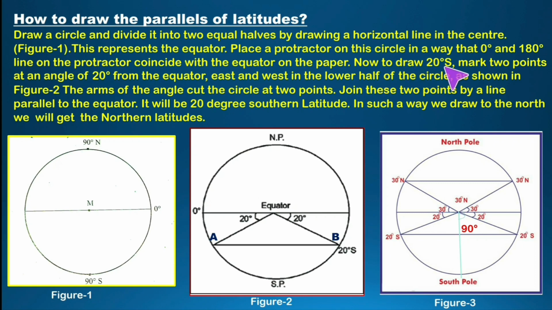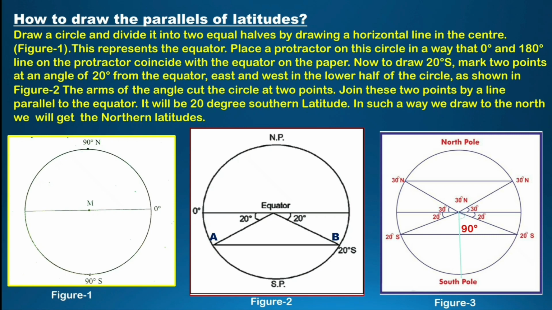Now, to draw 20 degrees south latitude, mark 2 points at an angle of 20 degrees from the equator, east and west in the lower half of the circle, as shown in figure 2. Look at this figure. Like this, two lines we have to draw with an angle of 20 degrees.